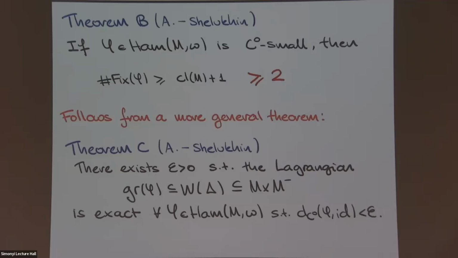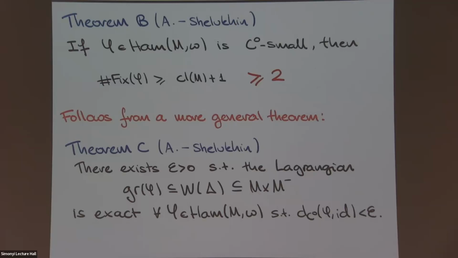But if we don't know that, if perhaps the path strays far from the Weinstein neighborhood and then the endpoint comes back in, then what we show is that if it comes back in and it's sufficiently close to the diagonal, or to the zero section, then it must be an exact Lagrangian.